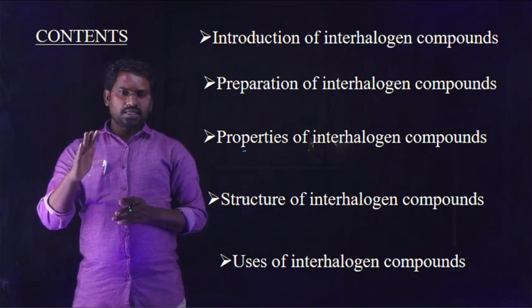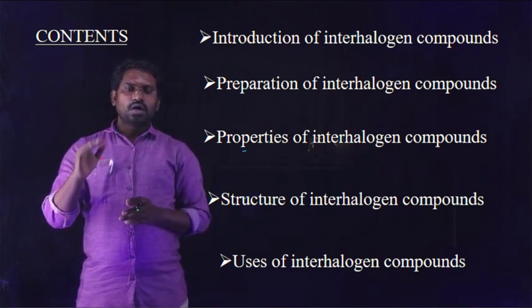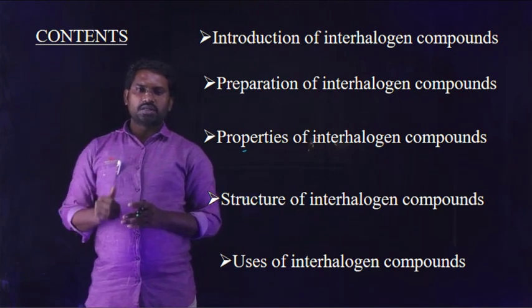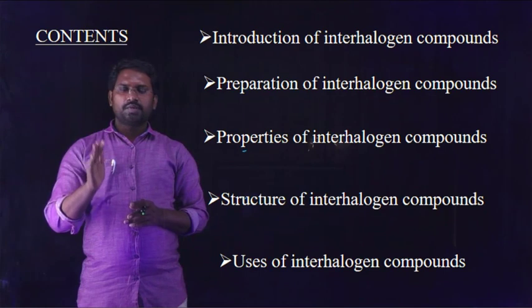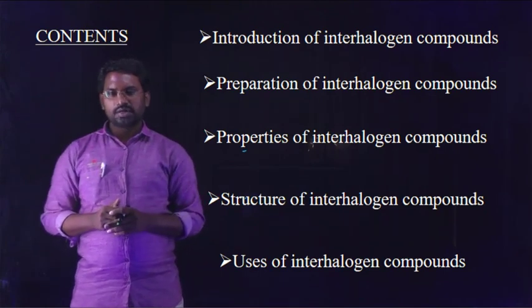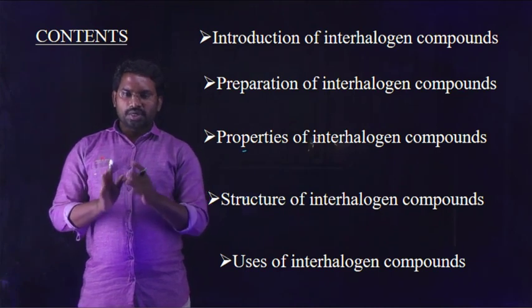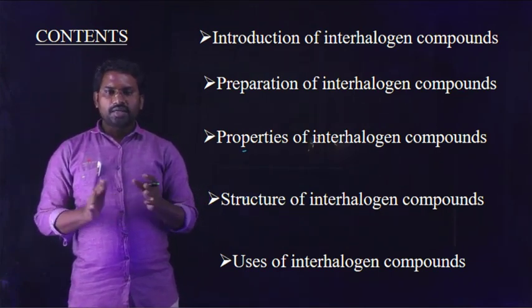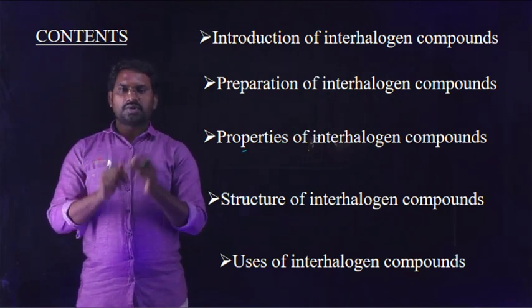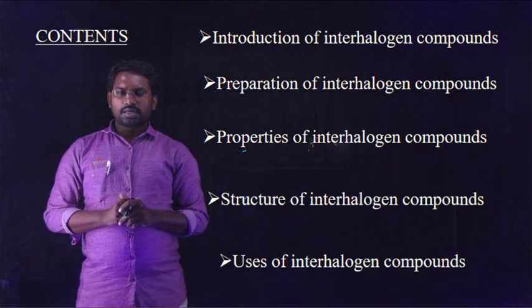For each category, there is a prescribed example which is important from the examination point of view. For XX3' type, ClF3 is important. For XX5' type, BrF5 is the more important interhalogen compound. And for XX7' type, IF7 is the best example.